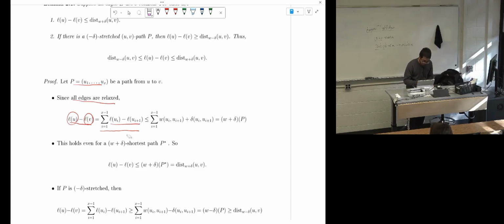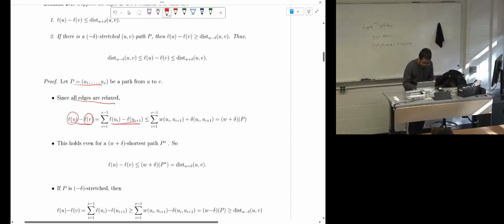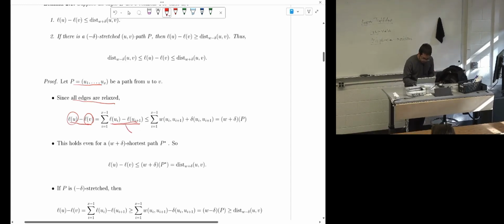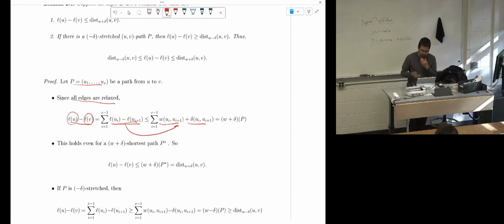Because each edge is relaxed, this term is at most this term plus this additive thing. But this is just the weight of W plus delta, summing over all paths.